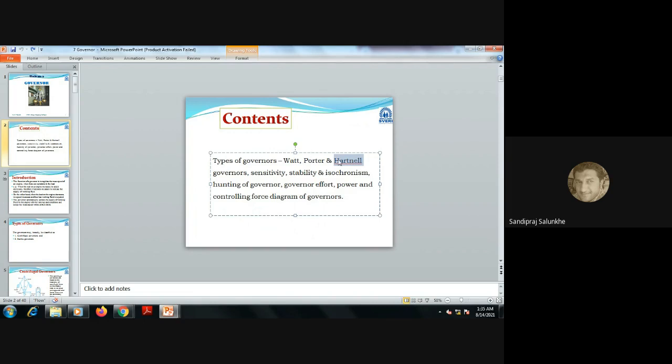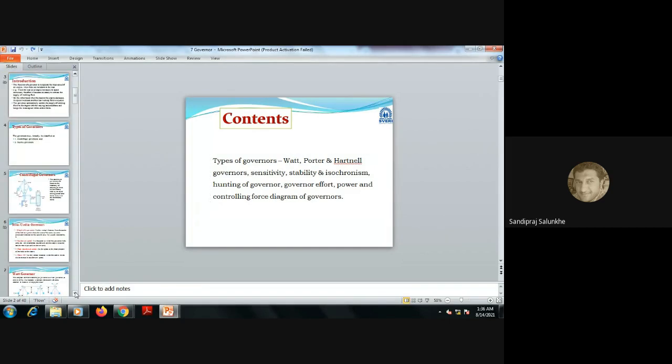So these three governors which are discovered by these three respective scientists, those governors we are going to study. Basically it has been designed by Watt for his steam engine, and later on it has been modified by Porter and totally newly designed by Hartnell. So these three governors we are going to see.